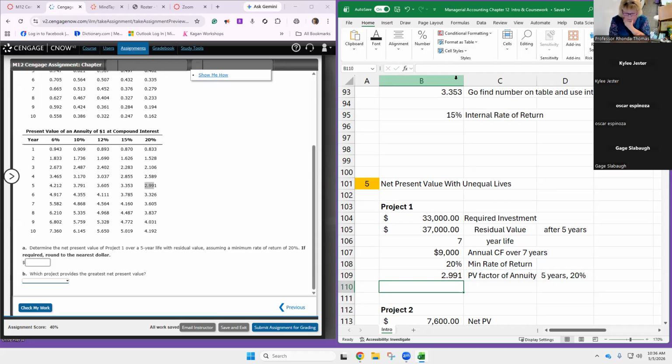We have to take into consideration the residual value because they're looking to get some money back at the end of the 5 years. So you do have to add that together.